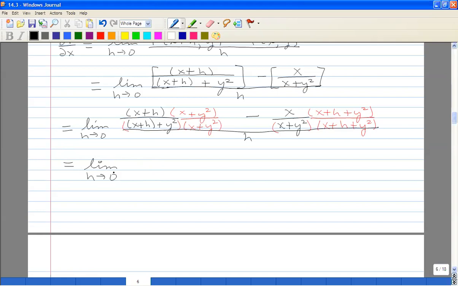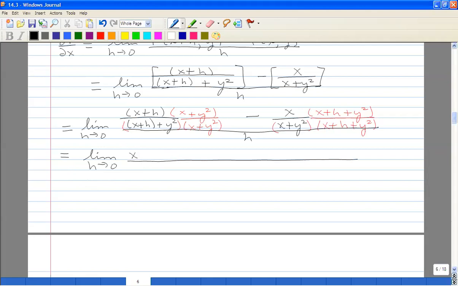Dividing by h is the same as multiplying by its reciprocal. So let me multiply this out. Actually, I might be able to get up here. Save one more space even. Limit as h goes to 0. Let's multiply this out.